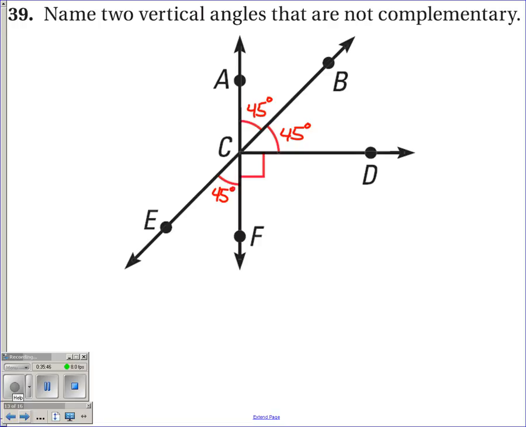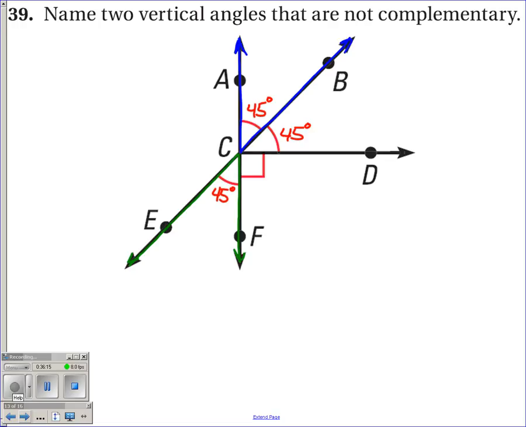It says name two vertical angles that are not complementary. See, if I go with the easy vertical angles, which most people want to shoot for, angle ECF, this one in green, and angle ACB, see, these are definitely vertical angles, but they're complementary because their sum is 90.